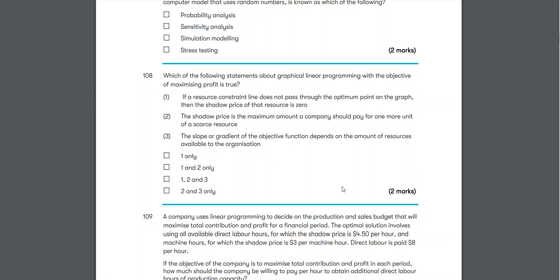The shadow price is the maximum amount a company should pay for one more unit of a scarce resource. No, it is not the maximum we pay. It is the maximum contribution that we are earning from that. So the maximum we pay would be the price plus the contribution, obviously, if there is a no profit, no loss situation. But it is not the maximum we pay.